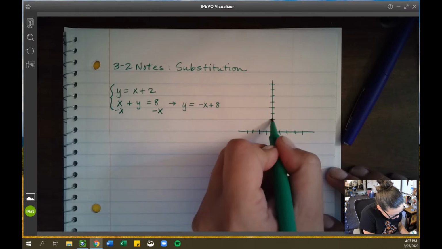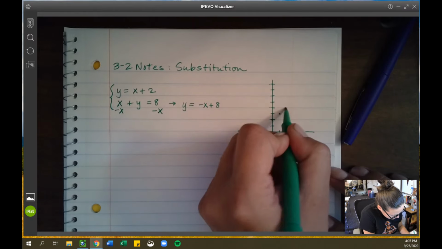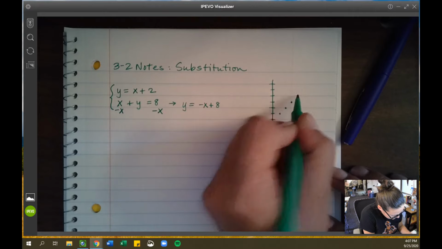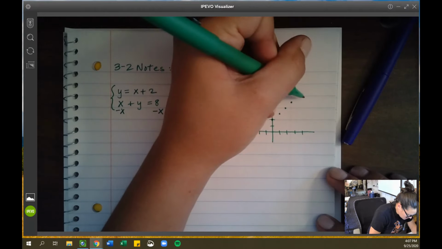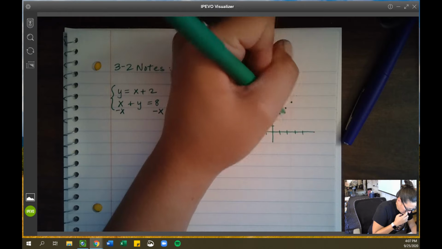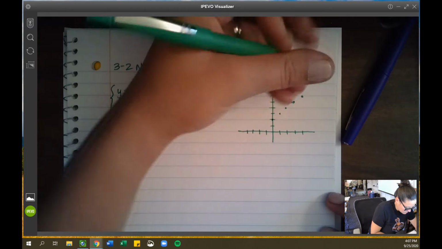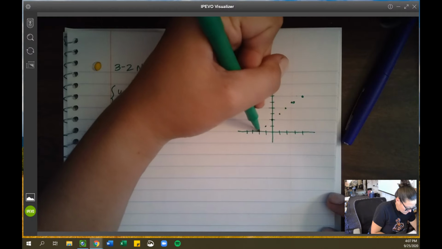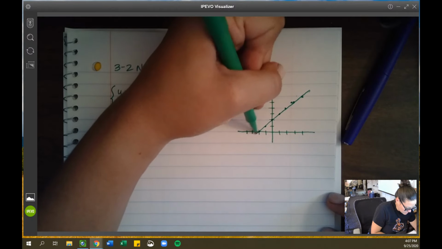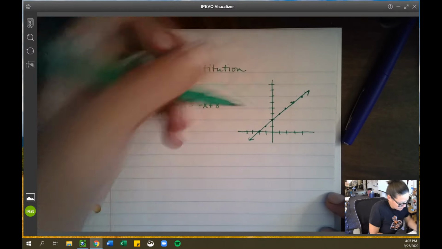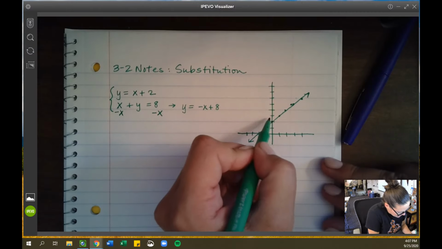So x plus 2, up 1 over 1. See if I can get it to line up here, what I want. Okay, there's my x plus 2, negative x plus 8.